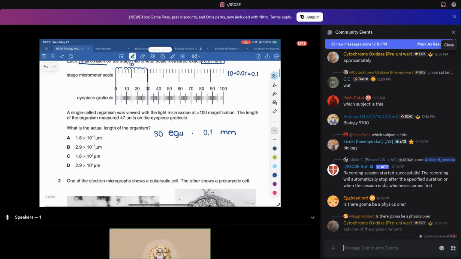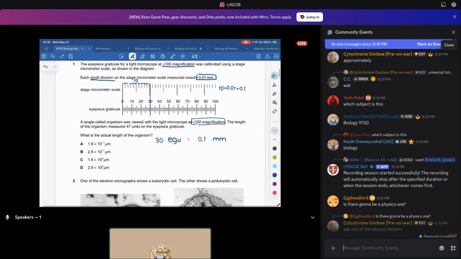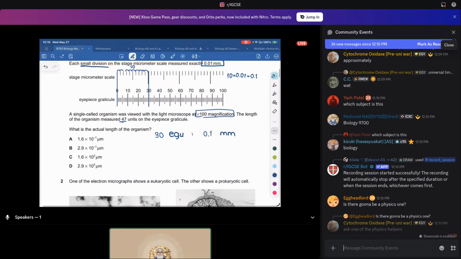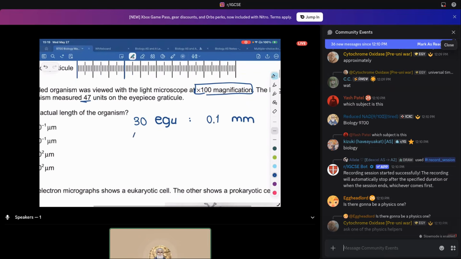A single cell organism was viewed with the light microscope at the same magnification. Thank God, there are no plays with the magnification going on, so we're very hopeful here. The length was measured as 47 units. So 47 EGU would be how many millimeters?